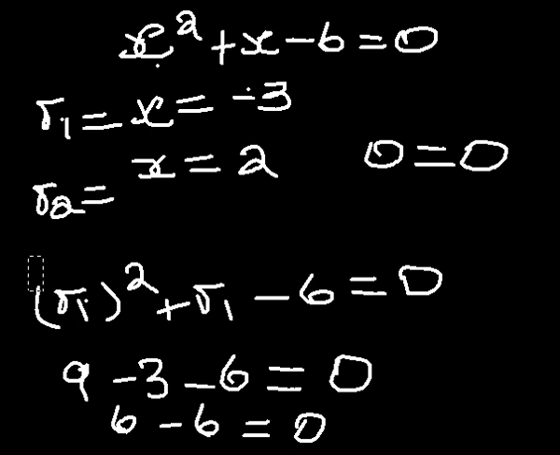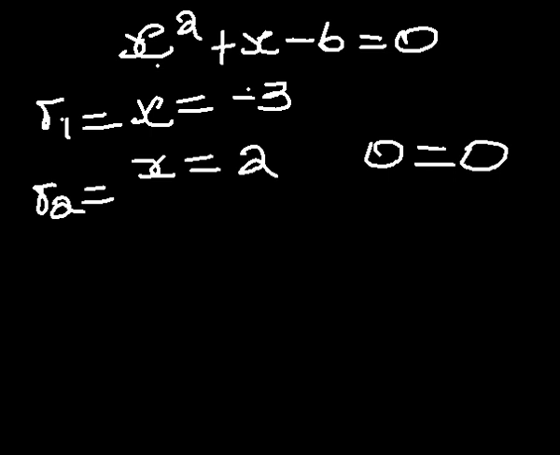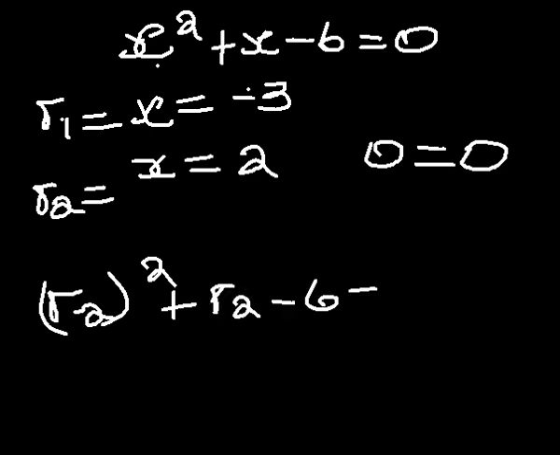And also let's do the same with the other root. Let's say we have root 2 to the power 2 plus root 2 minus 6 is equal to 0. What is root 2?